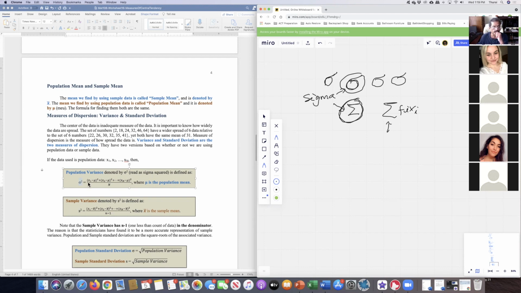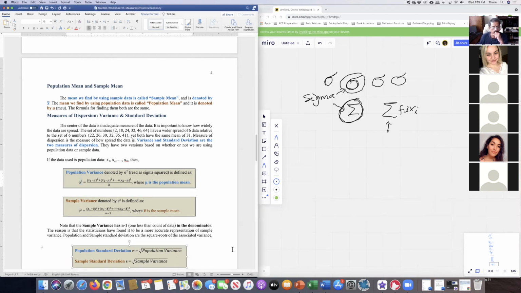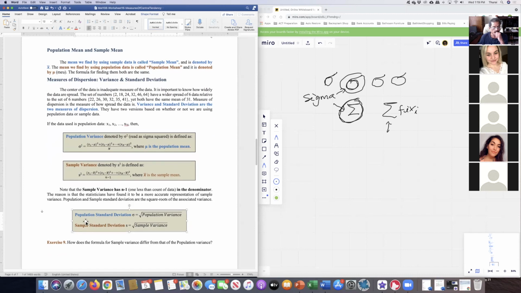The reason for the square root is because you added up the squares of the numbers, so you had to bring it down to size by taking the square root of everything. So standard deviation is simply the square root of the variance. If I take the square root of population variance, I get population standard deviation. If I use the square root of sample variance, I get sample standard deviation.